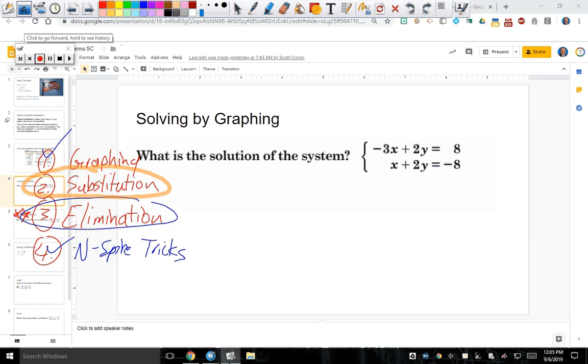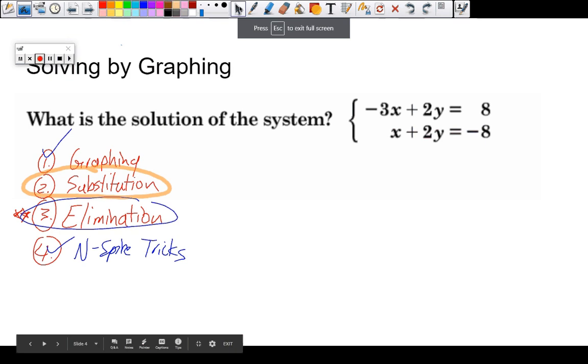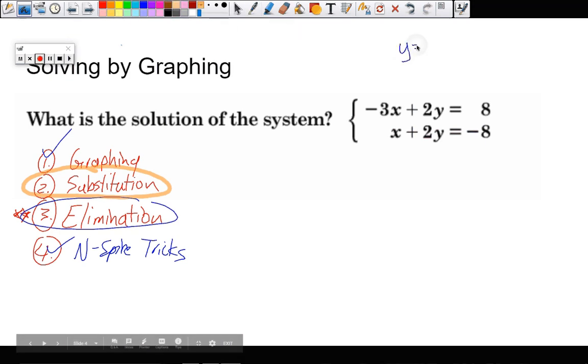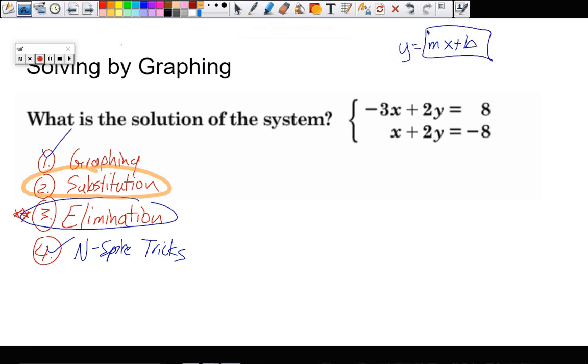Our Algebra 1 skills say, if I wanted to graph these, I need to get these in y equals mx plus b form first, because this is what we're going to put into the graph. Okay? So, you don't have to raise your hand. For the first equation, I'm going to get y by itself. Everyone, what do I do first on that equation?